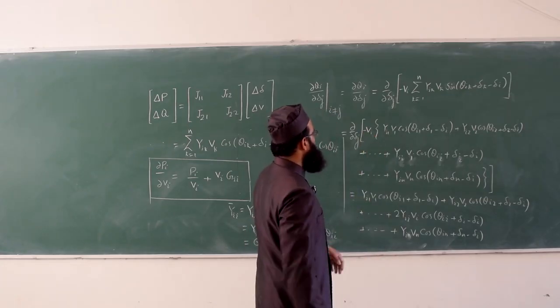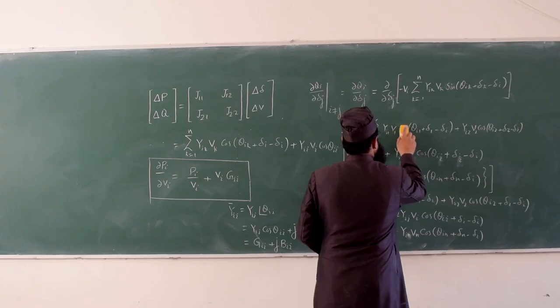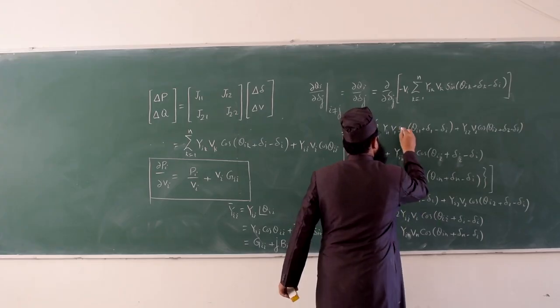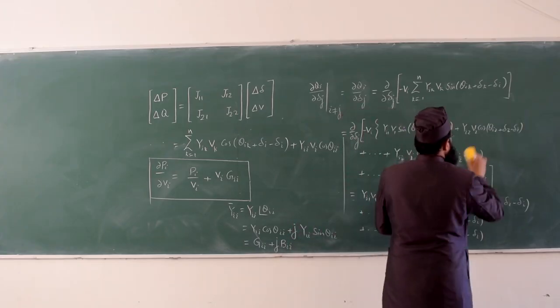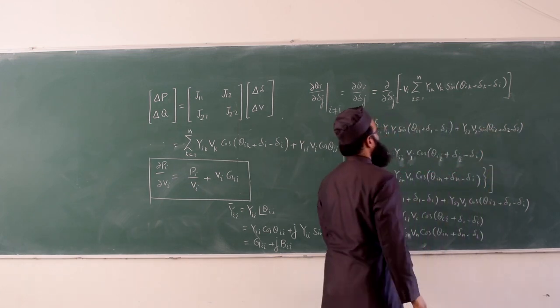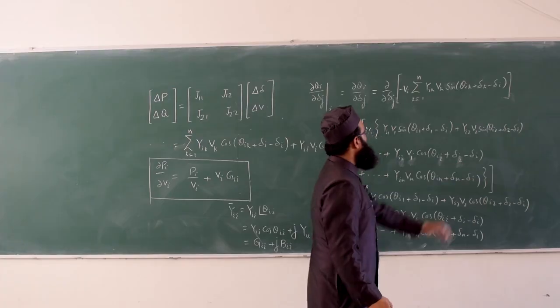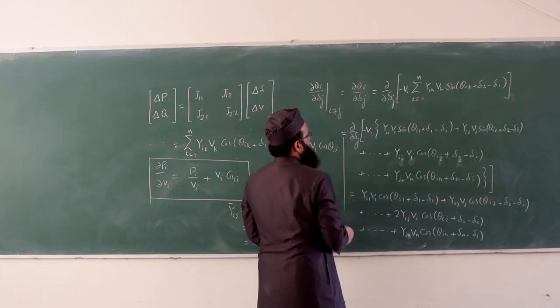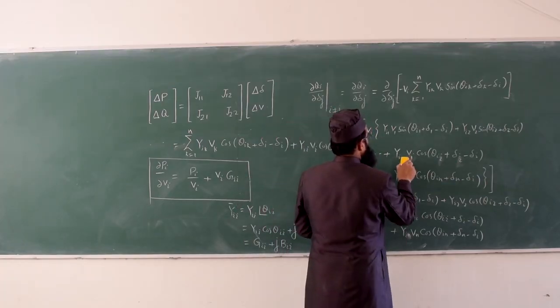segregate the terms and everywhere we will get sine instead of cosine, sine here, second term corresponding to k is equal to 2 and jth term we will write here jth term.